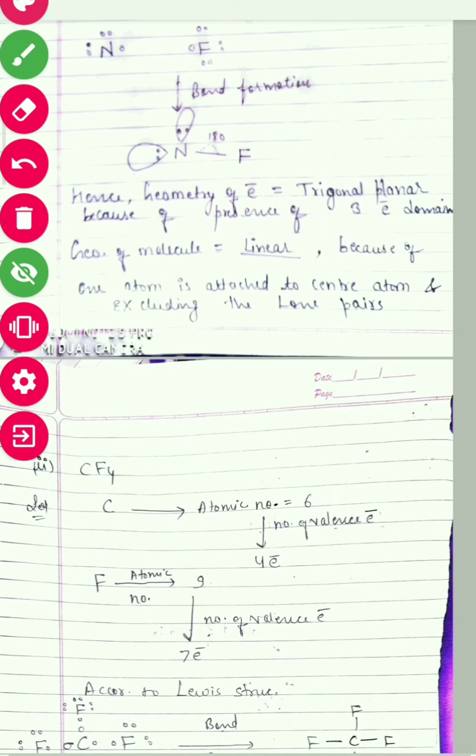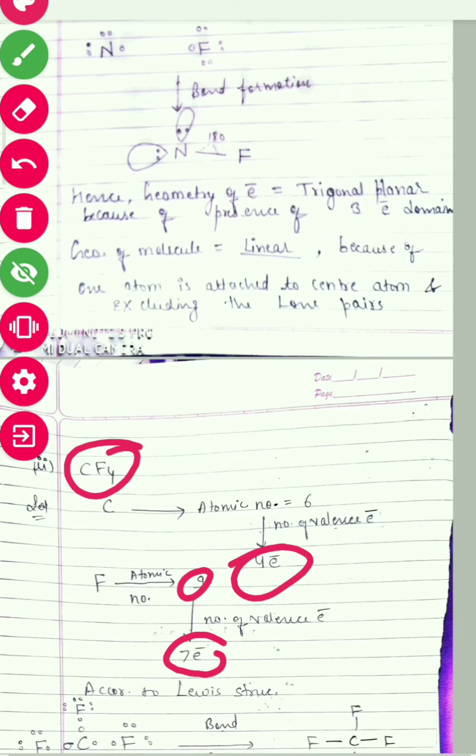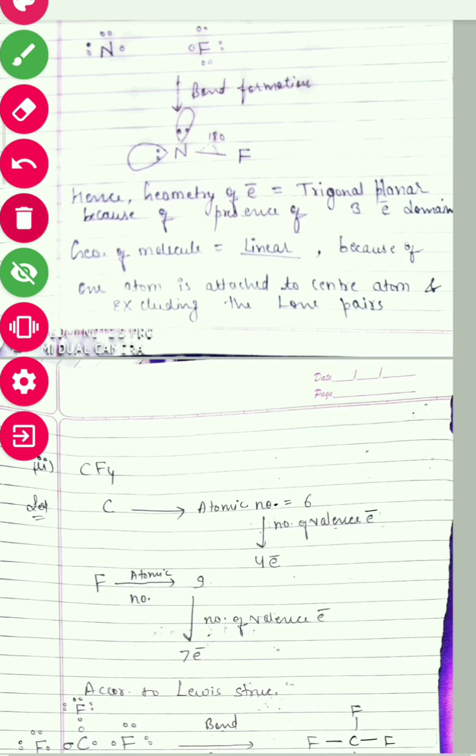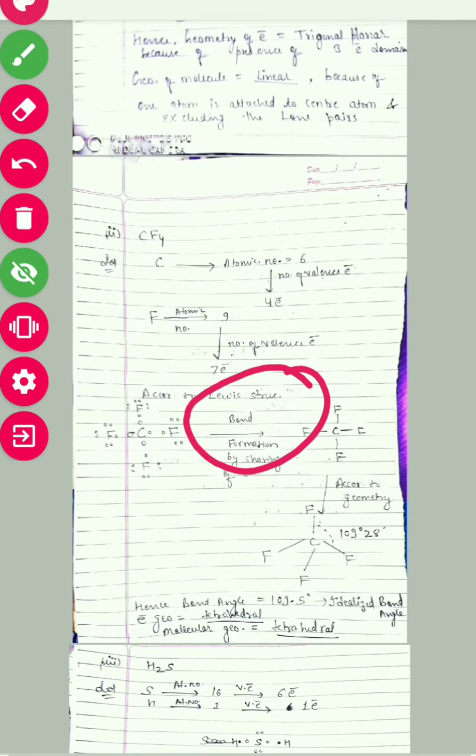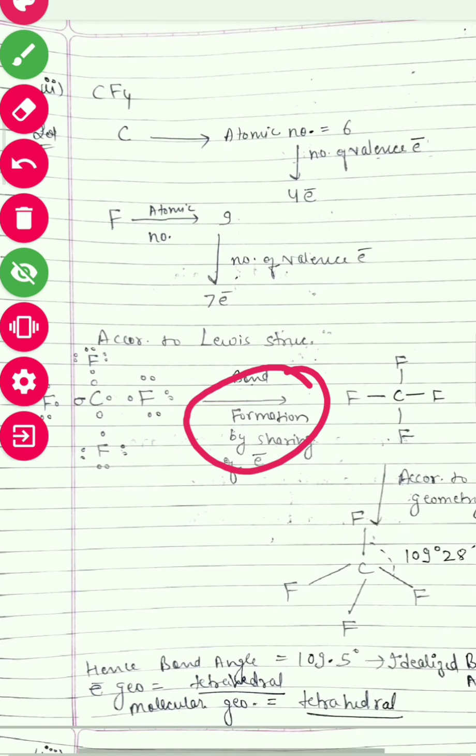In CH4, the valence electrons in carbon are 4, and fluorine has atomic number 9 and 7 valence electrons. According to the Lewis structure, it undergoes bond formation and gives tetrahedral geometry with bond angle 109.5 degrees.